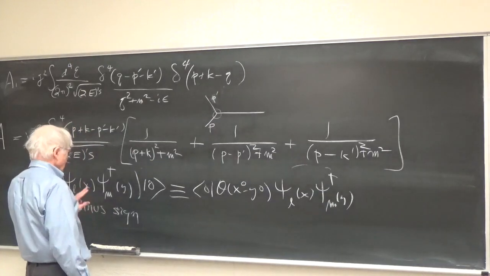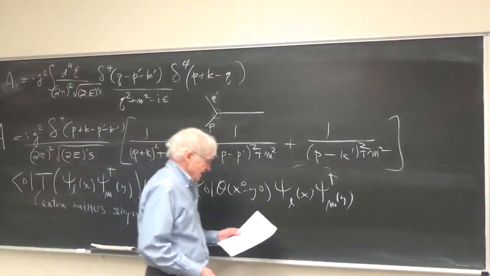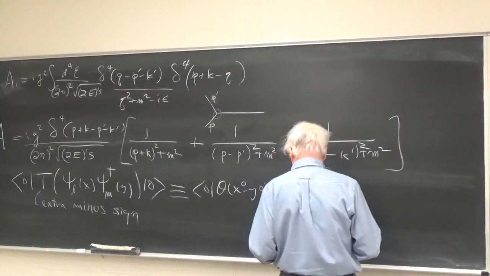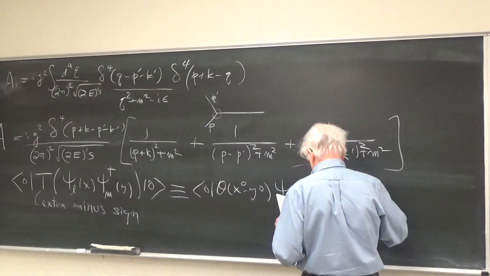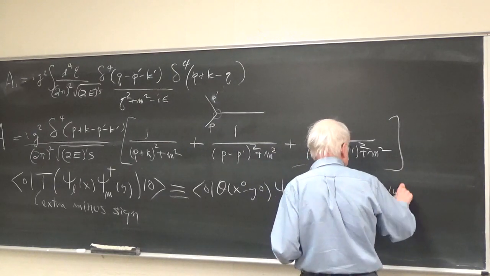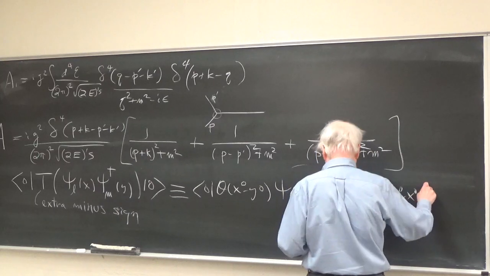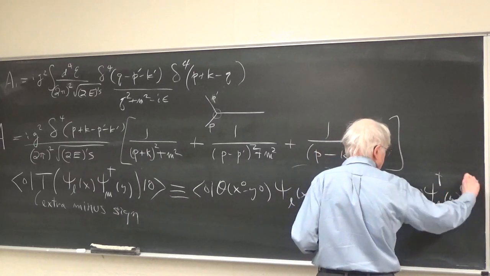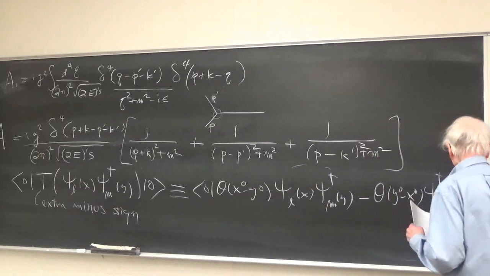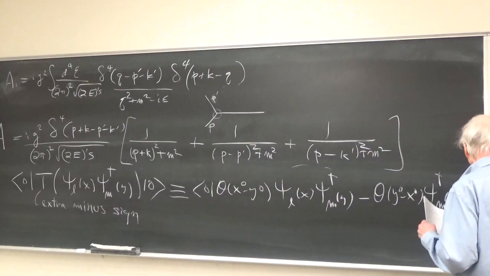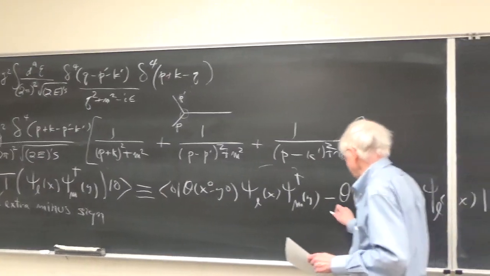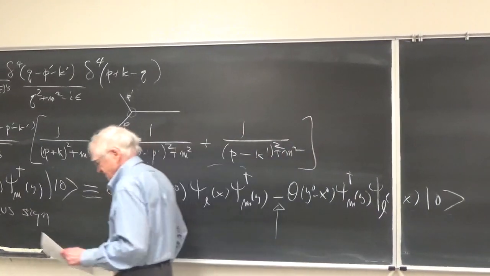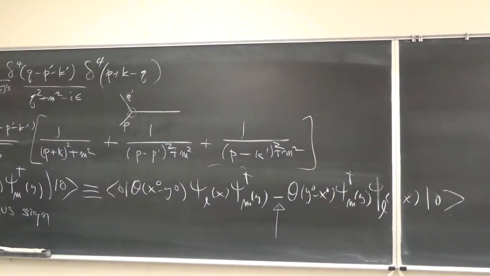Let's just go to spin 1/2 exactly. Then what occurs here is minus theta of y0 minus x0 psi dagger_m of y psi_l of x. So there's an extra minus sign here. That's the extra minus sign.